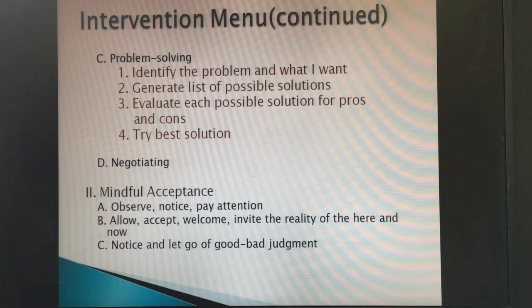So the strategies in CBT will sometimes focus on this in order to improve social interactions.